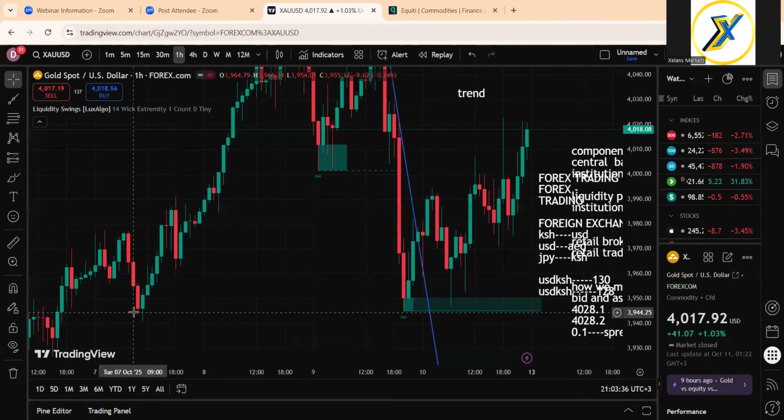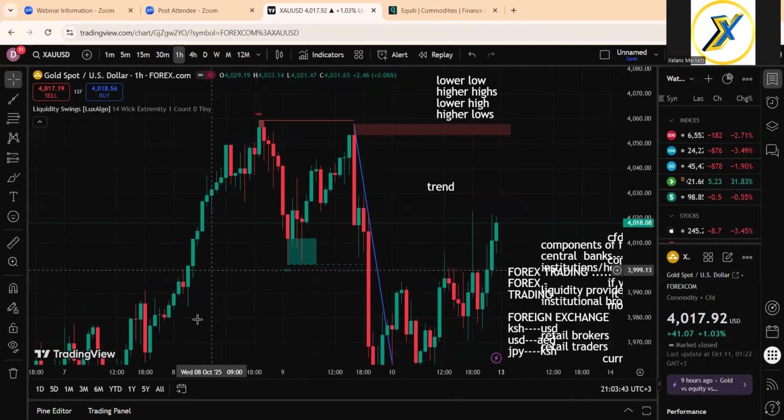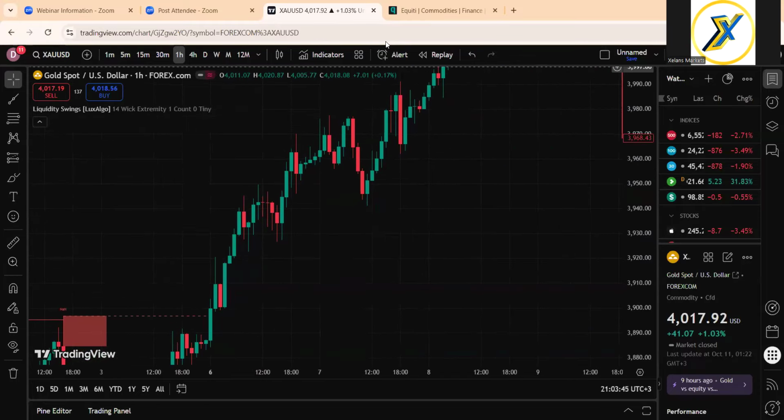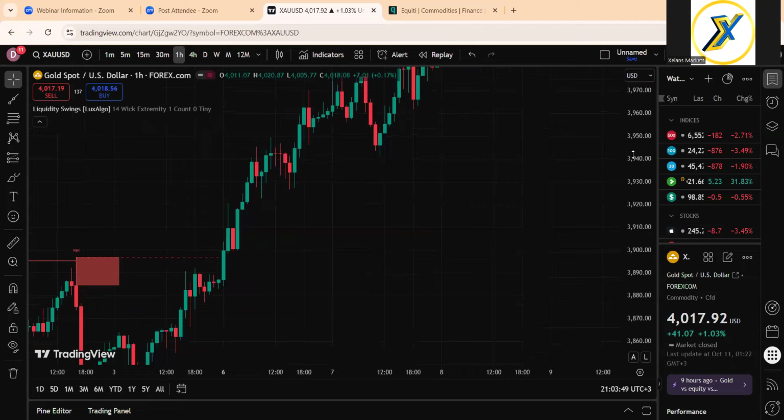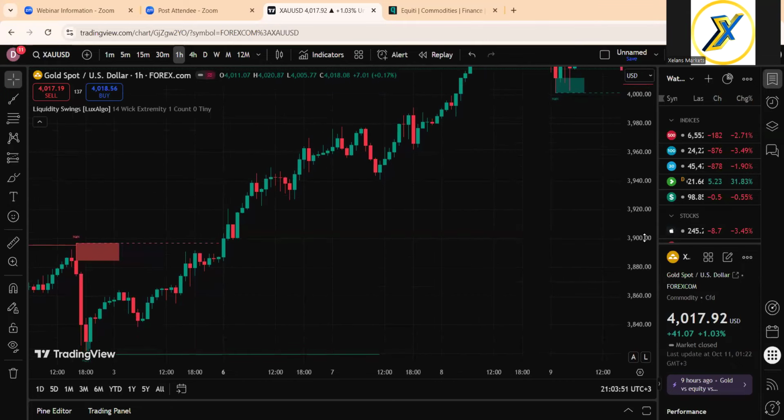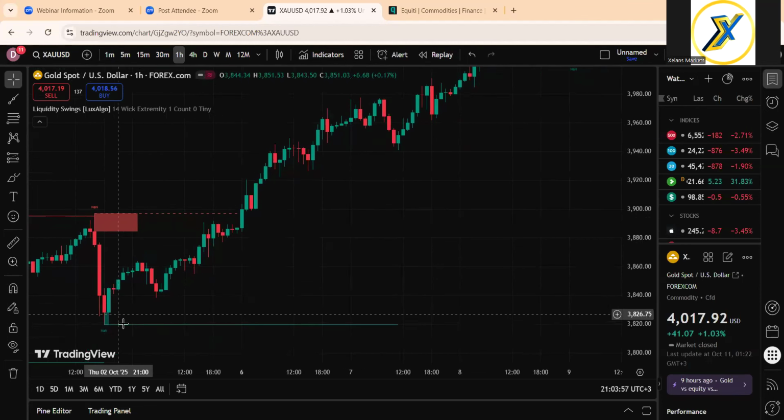So you can see the market is moving up, down, up, up. This was a very good opportunity to buy. And now look at this one, for example. Just like that. The market was moving from here. This is what we call a lower low.